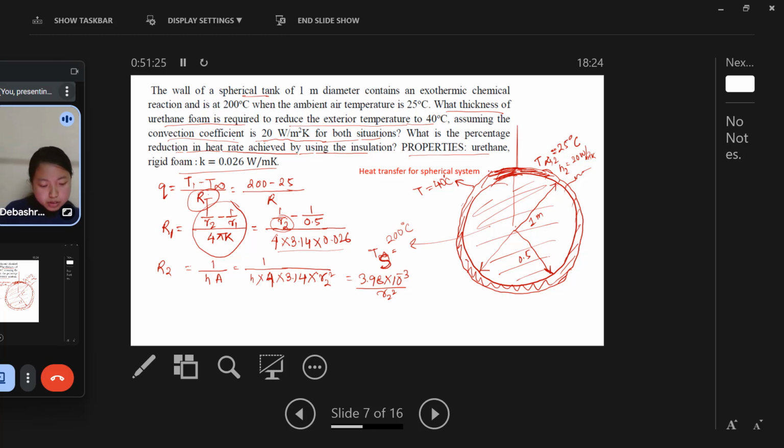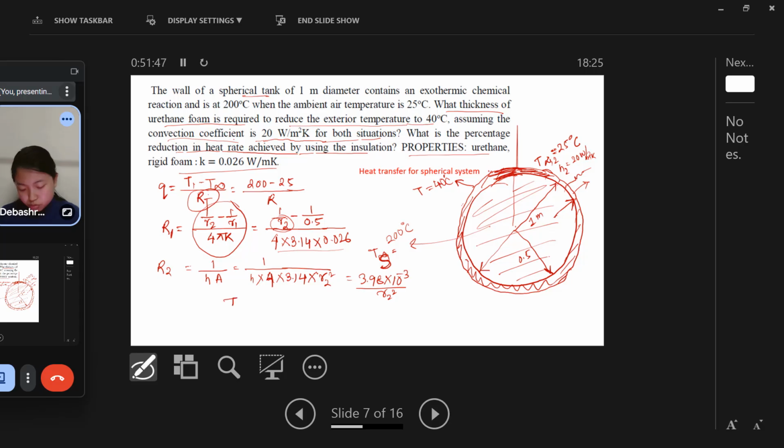So what happens in this case is whatever heat that is transported to this interface is the same heat which is transported to outside. Okay, the heat always remains constant.